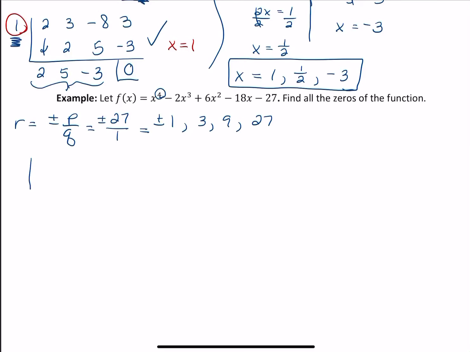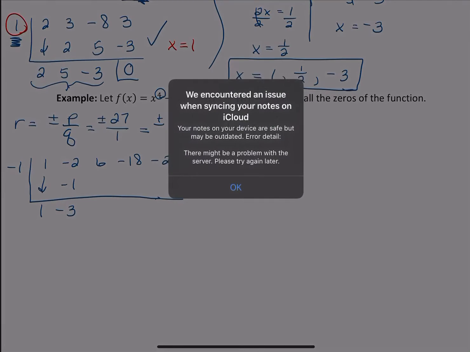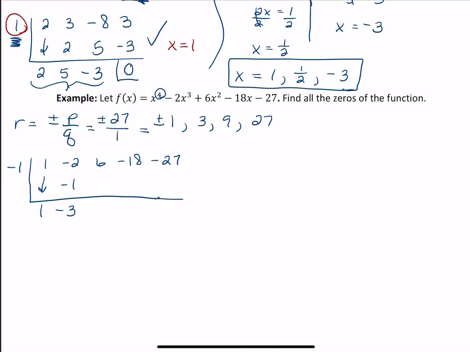So again, we're just going to start. I'll start with -1. I'm in descending order and I don't have any missing terms, so I'm going to do 1, -2, 6, -18, and -27. So bring down my 1. 1 times -1 is -1. -3 times -1 is +3.